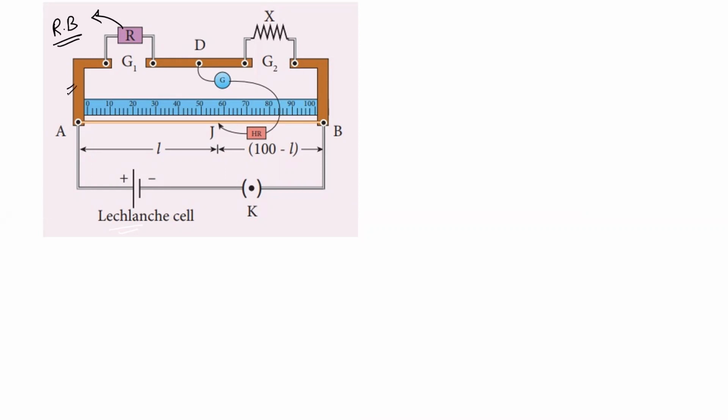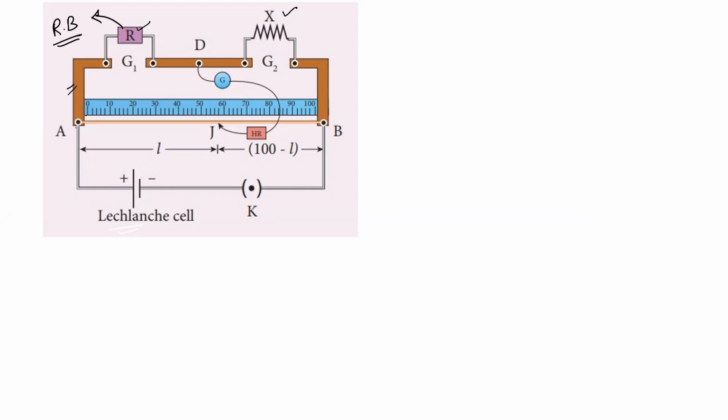Only the resistance of R, X, and the wire through this length, A to J length and J to B length, resistance can be considered, and all other copper wires should have negligible resistance. So what we can do is, the wire is of 100 cm length.